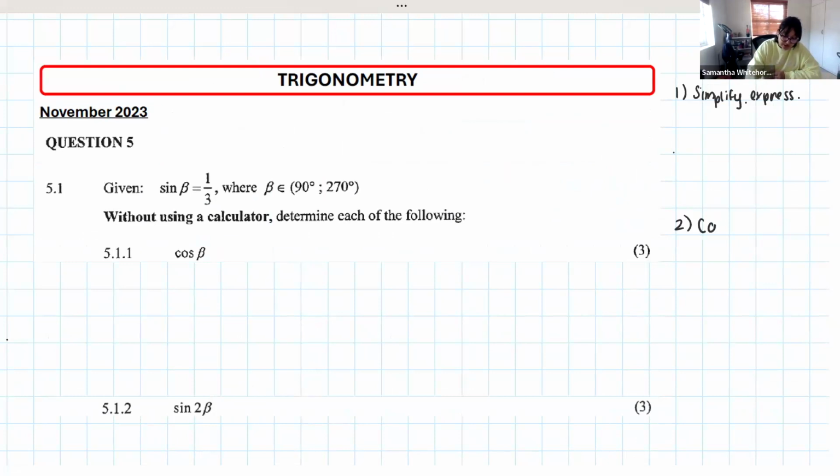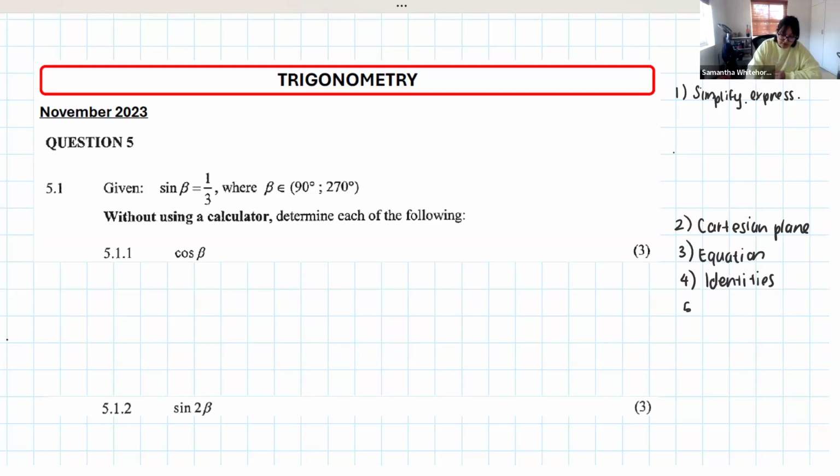Simplifying the Cartesian plane. General solution or equations. Identities.